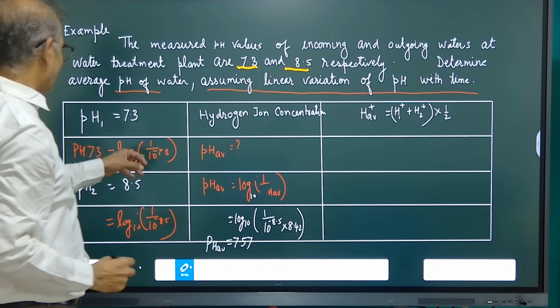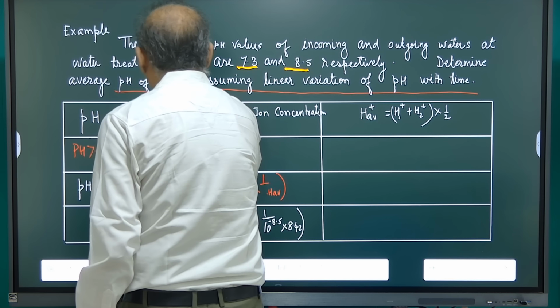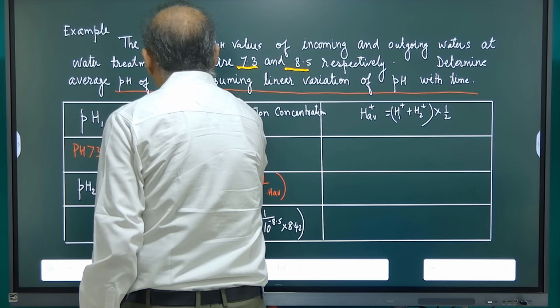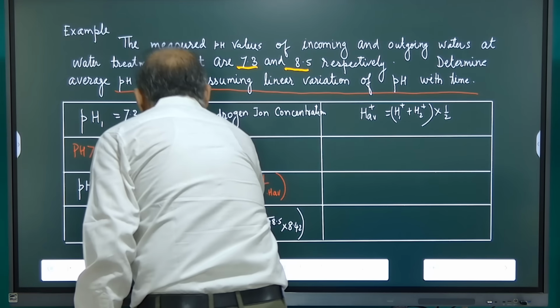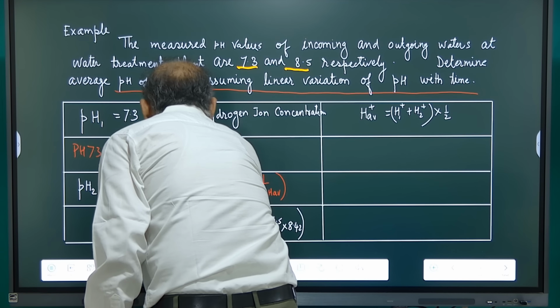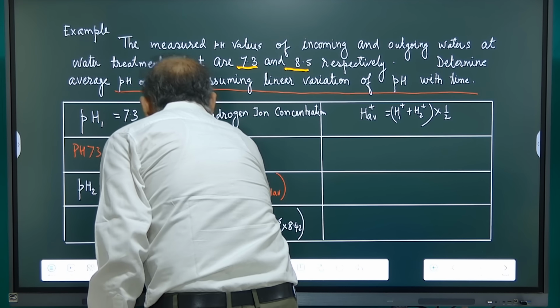This is 1 upon H1+, and this is 1 upon H2+.